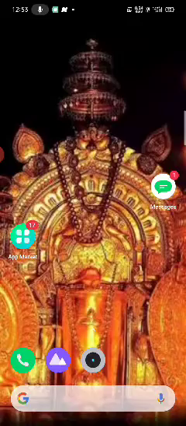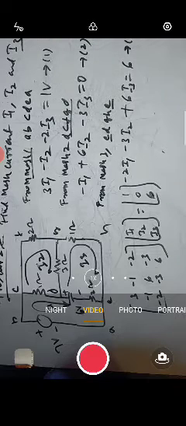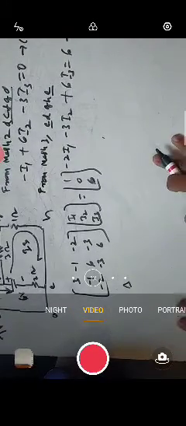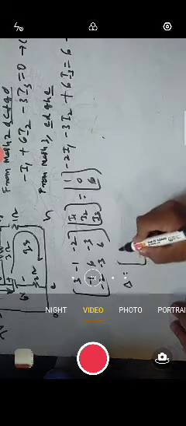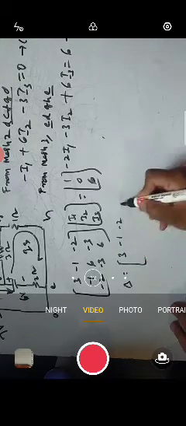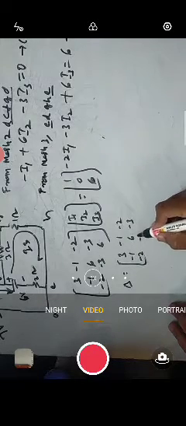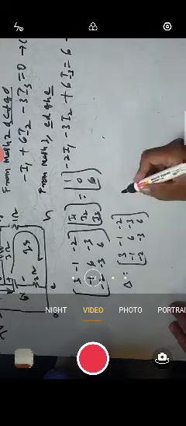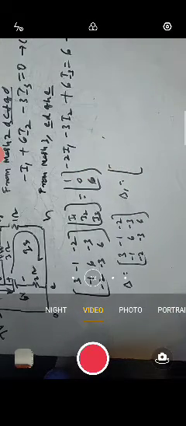1, 0, 6, in the matrix form. Okay, this is nothing but delta is equal to, as it is, 3, minus 1, minus 2; minus 1, 6, minus 3; minus 2, minus 3, 6. For delta 1, this 1, 0, 6 should be replaced.